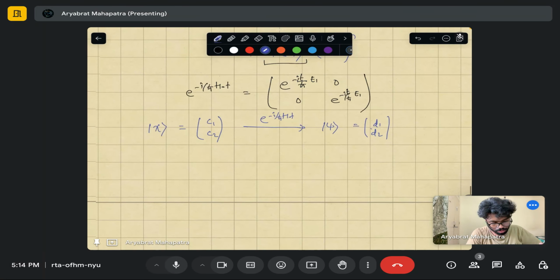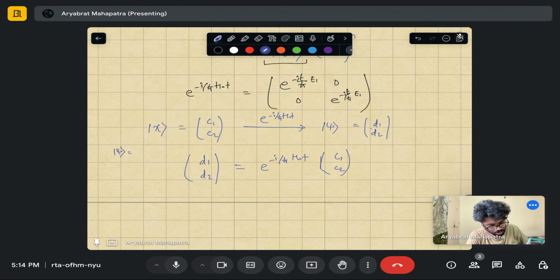So you can calculate D1 and D2 using exponential of i over h bar H naught t acting on chi.